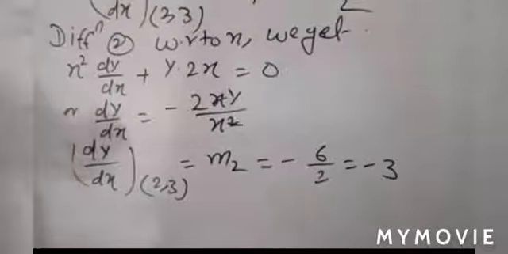So hence tan theta is equal to m1 minus m2 upon 1 plus m1 m2.